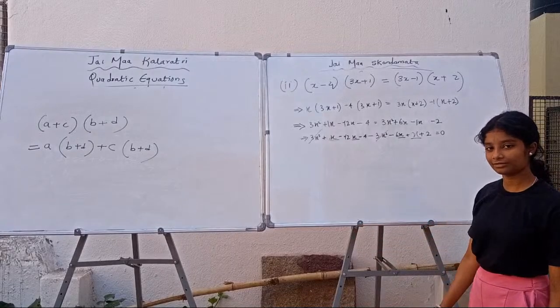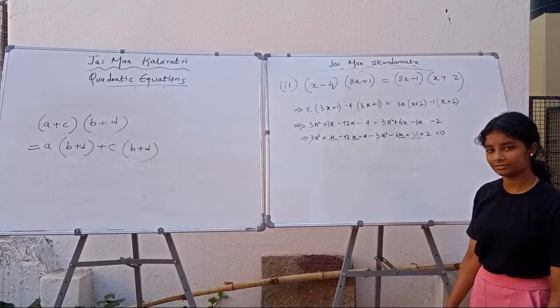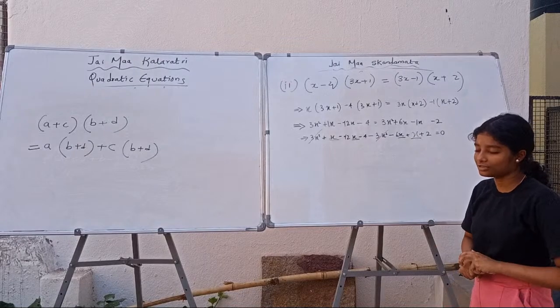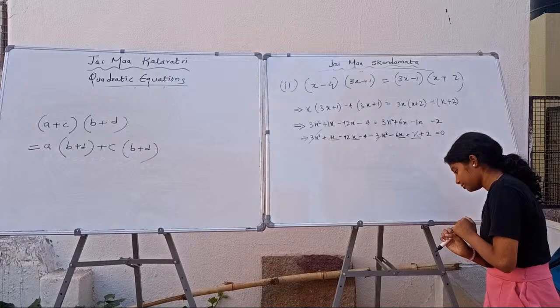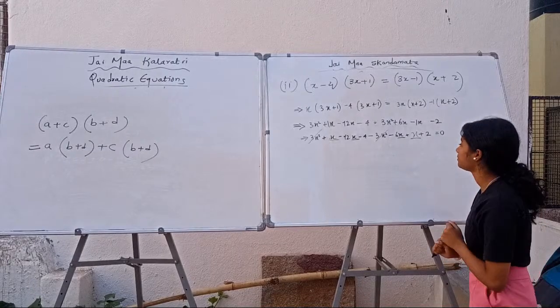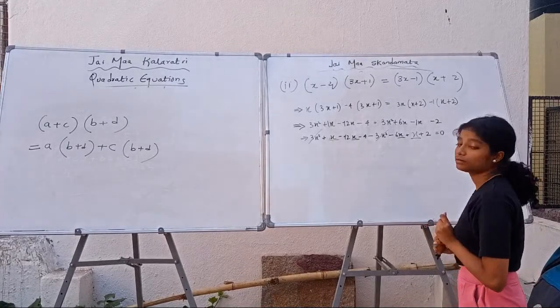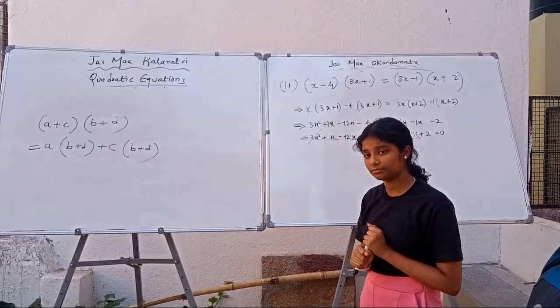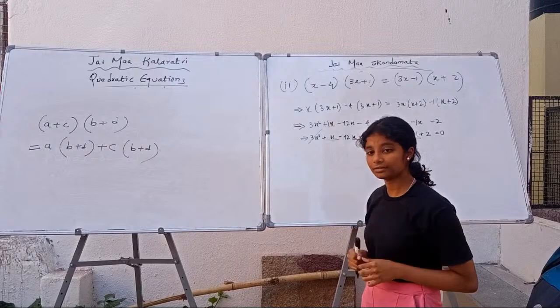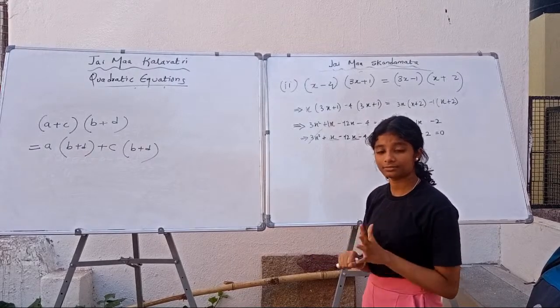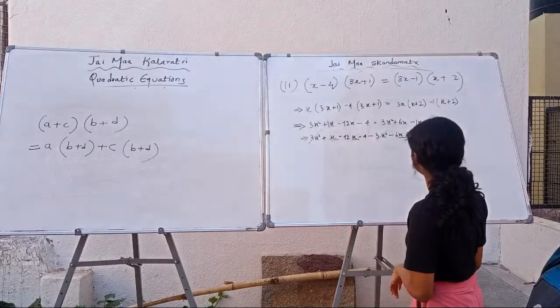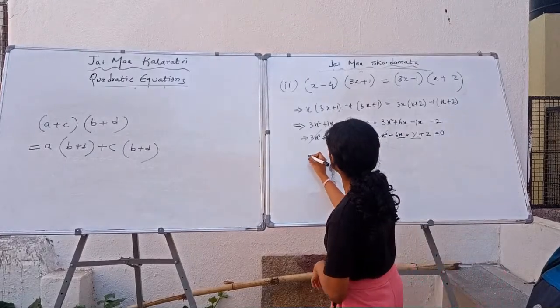When both are negative, you keep the sign and add both of them. So minus 17. Minus 17 plus 1, minus 16. So we write down minus 16x.